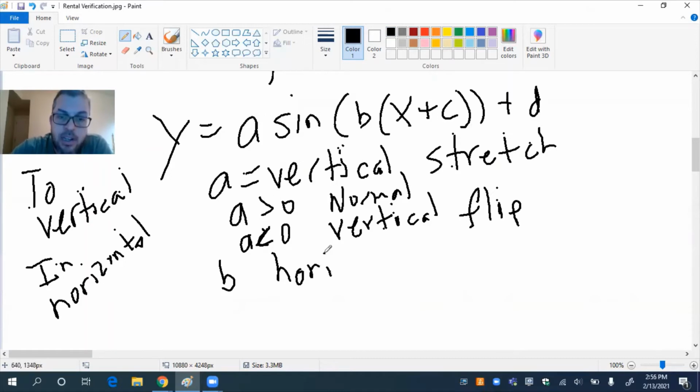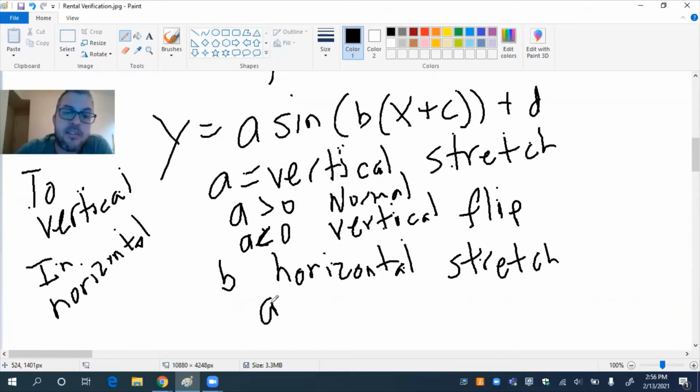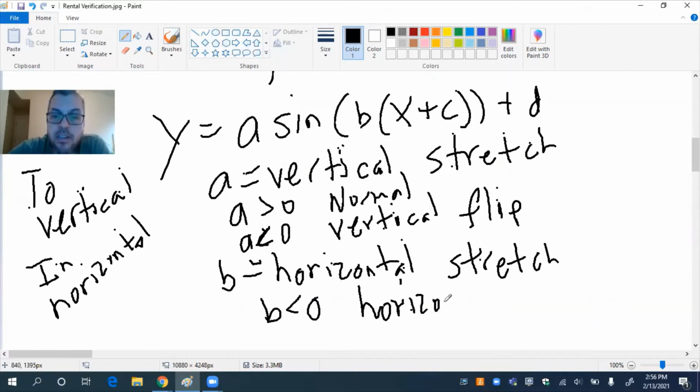And if b is less than 0, then we have a horizontal flip.